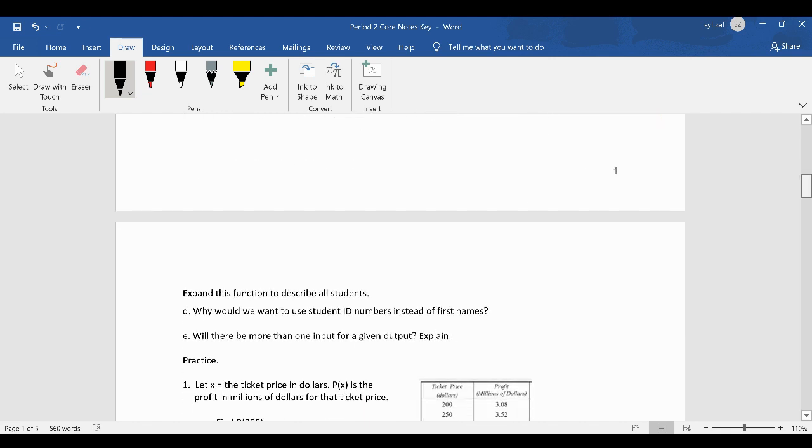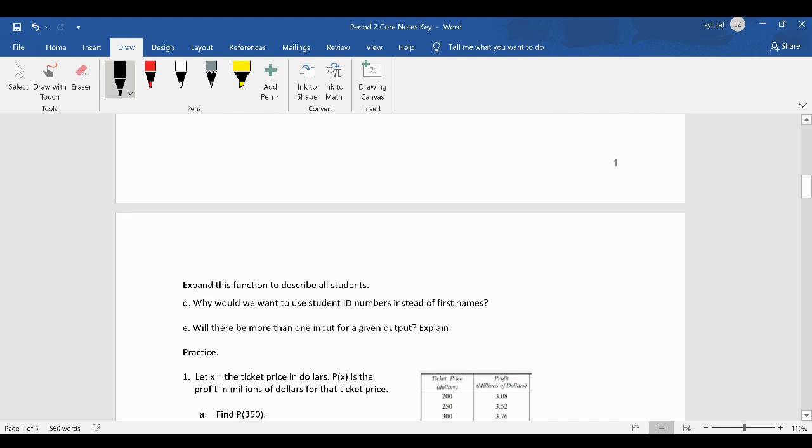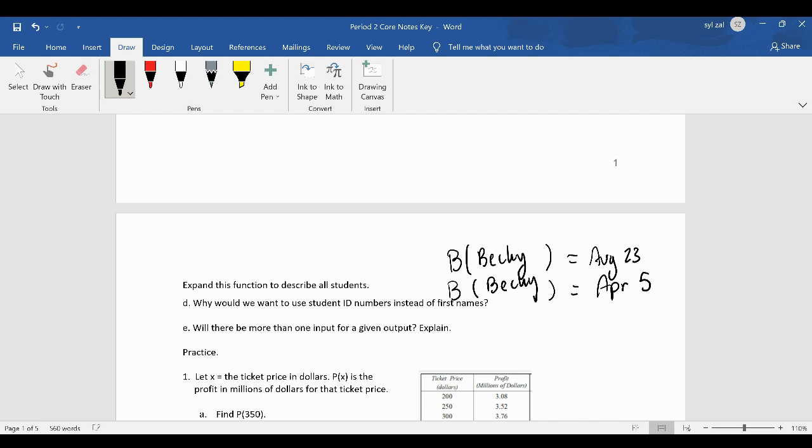Why would we want to use student ID numbers instead of first names? Well, if you're thinking about the birthday of a specific student, you could potentially have two students with the same name and a different birthday. Let's say that Becky has a birthday on August 23rd, but the other Becky has a birthday on April 5th, for example.